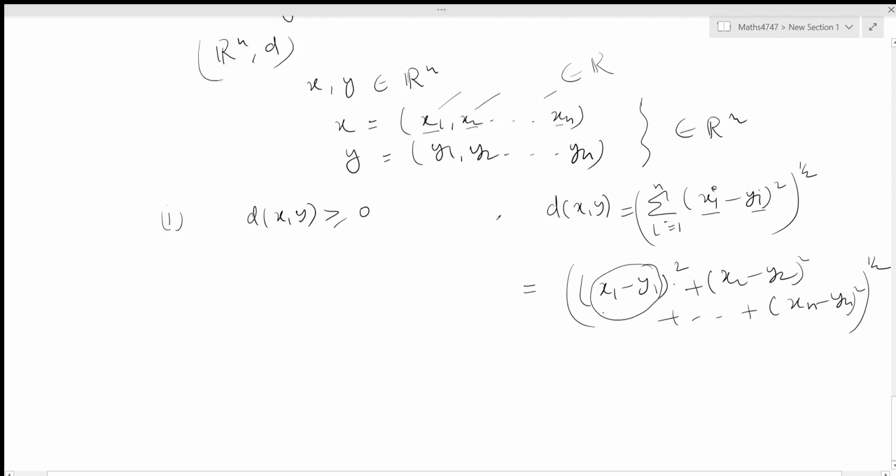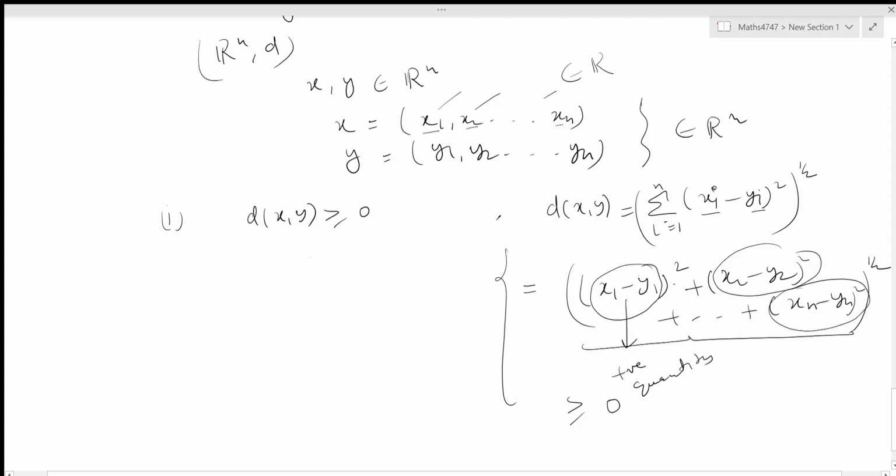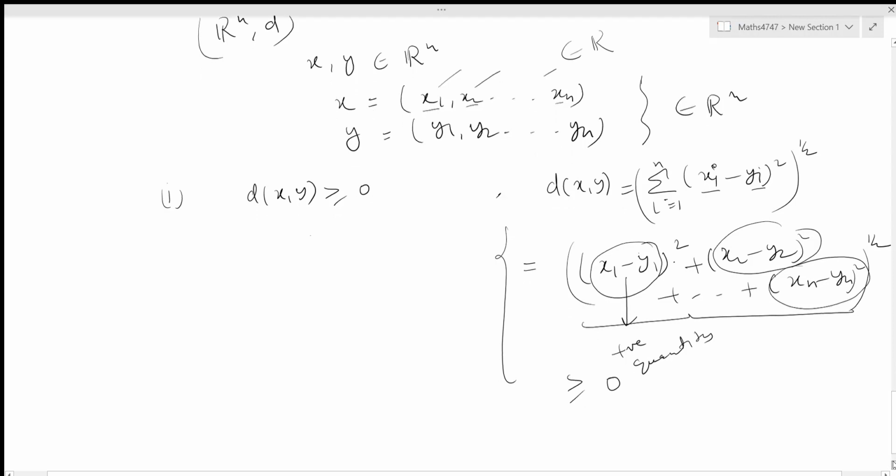If we subtract y1 from x1 and square it, this is a positive quantity. This one is also positive, this one is also positive. The sum of positive quantities is always greater than or equal to 0, right? So d(x,y) is greater than or equal to 0. That means the first property is verified, because a sum of square terms is always non-negative.